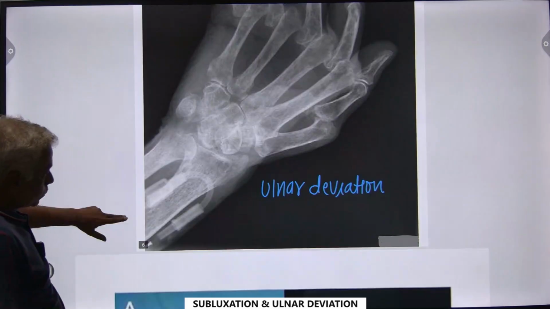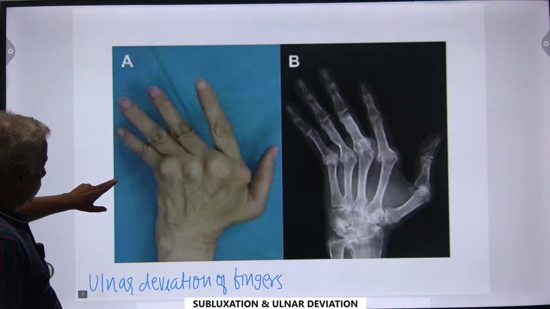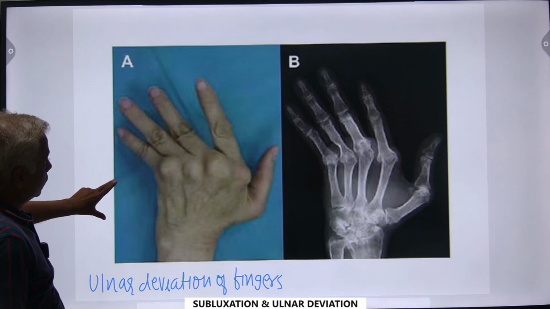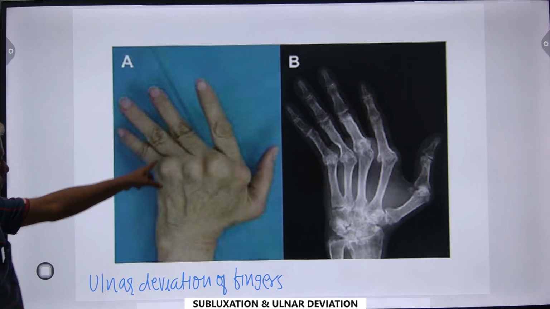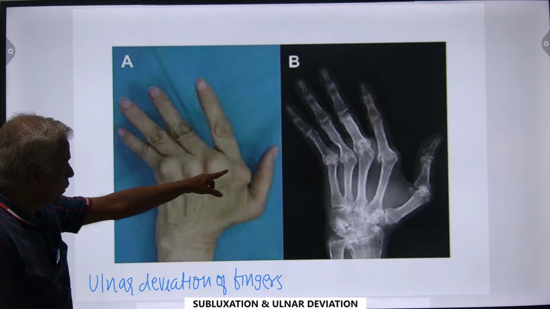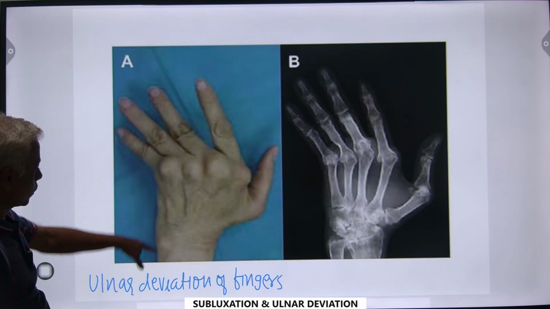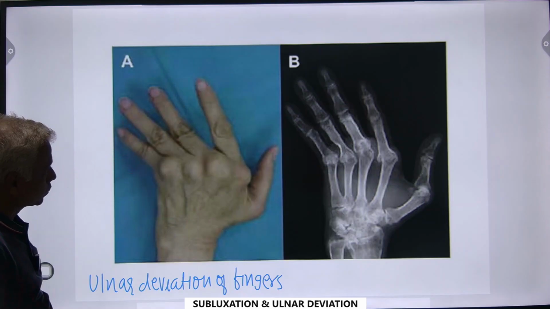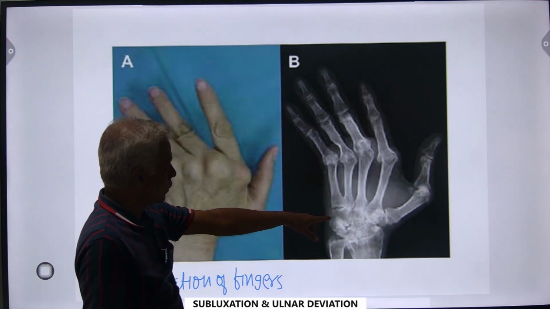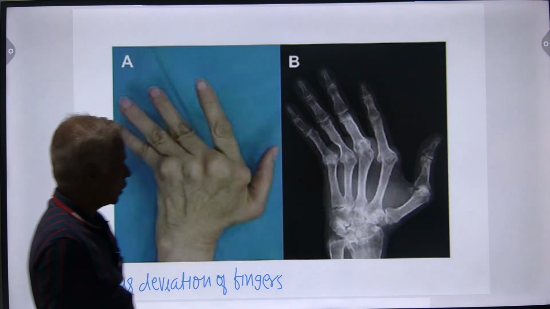Then we will see this image here. You can see the metacarpophalangeal joints, and there is a deviation of the fingers toward the ulnar side. Again here we have an X-ray, and there is again a deviation of the fingers on the ulnar side.